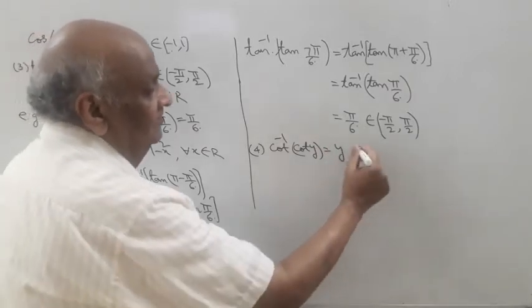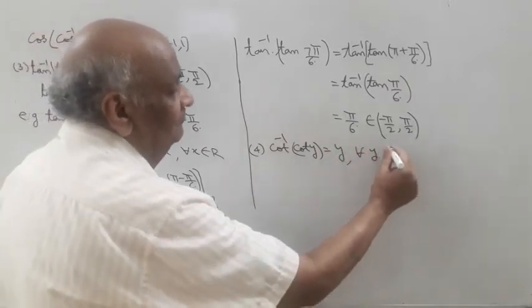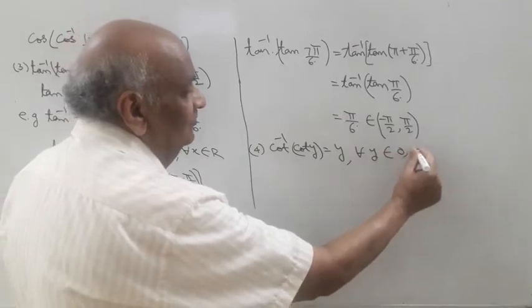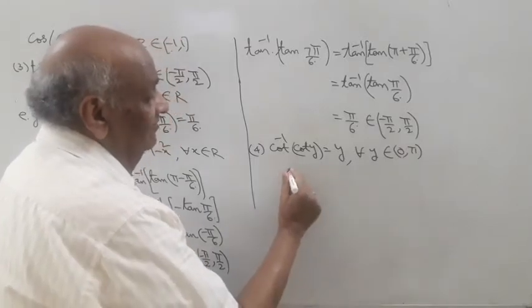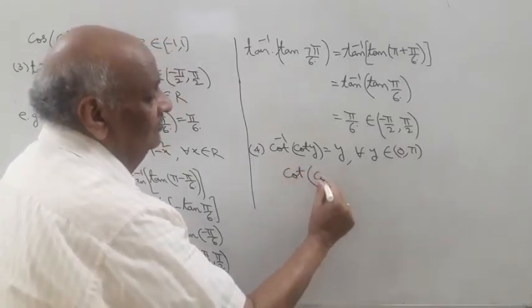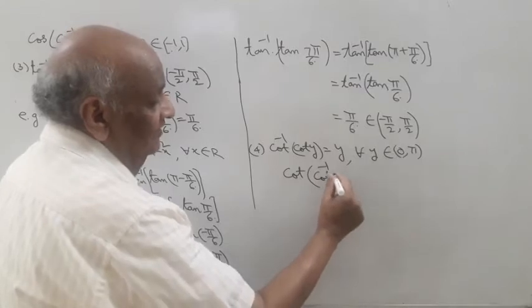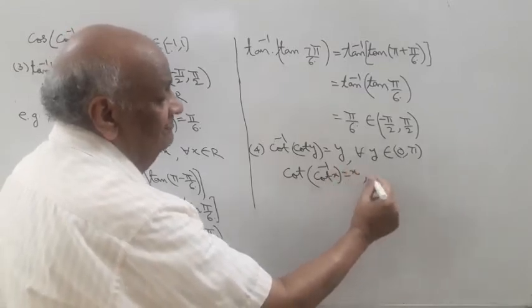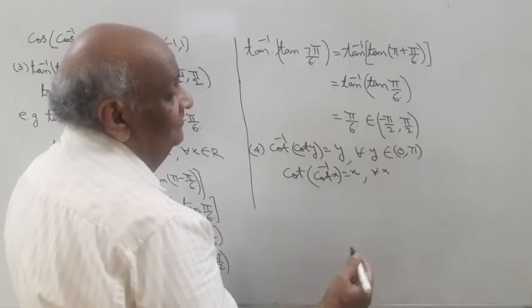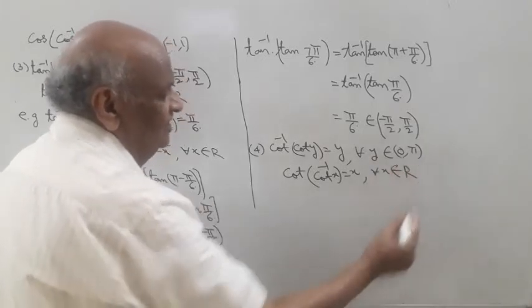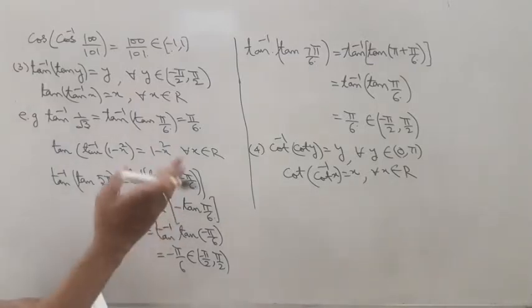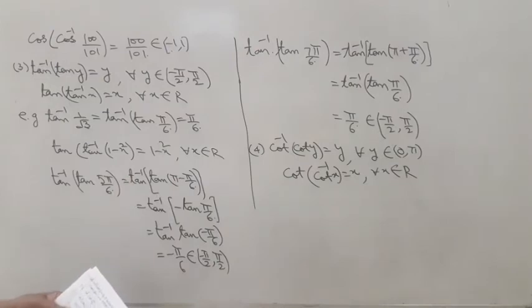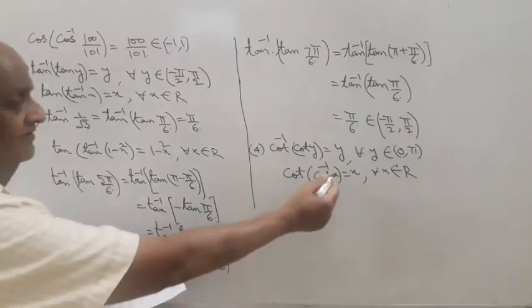This is for every y belonging to 0 to pi open interval, and cot of cot inverse x is equal to x for every x, in this case belonging to R. Check please. Corresponding to cot inverse, the principal value branch is 0 to pi open, and that is the domain here for x.